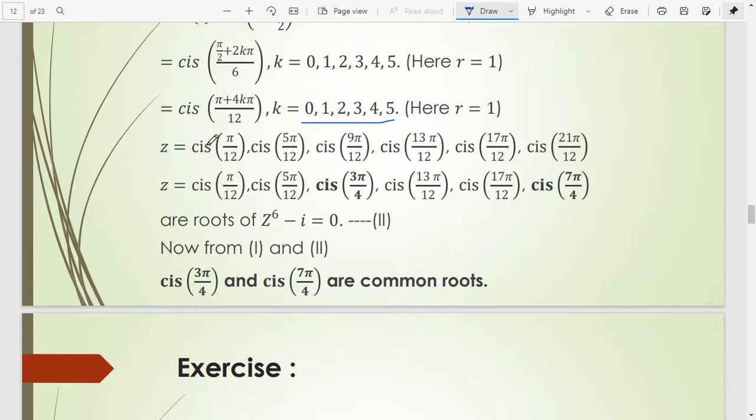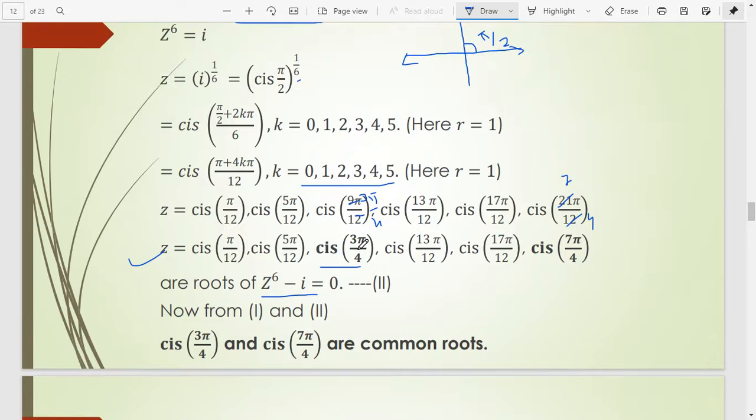We get the values of z: e^(iπ/12), e^(i5π/12), e^(i9π/12), and simplifying this 3π/4, and e^(i13π/12), e^(i17π/12) and e^(i21π/12), and simplifying this we get 7π/4. These are the roots of z^6 − i = 0, equation number 2.